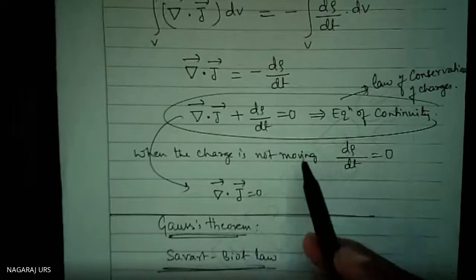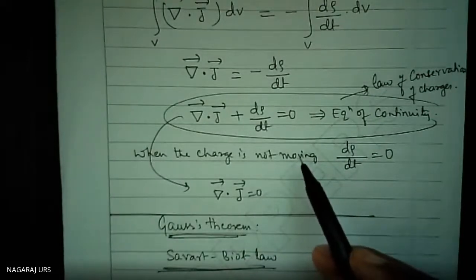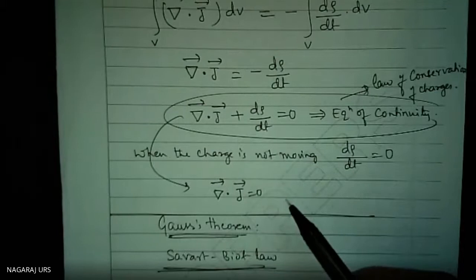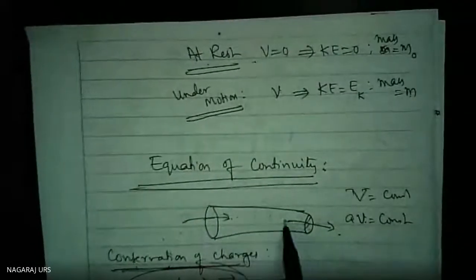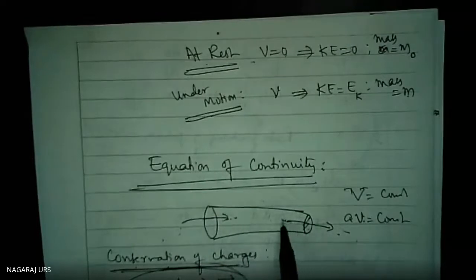Charges are not moving means the charges are said to be at rest, and current flow is equal to 0. If water is not flowing in a pipeline, then I cannot say how much volume of water goes inside and volume of water goes outside; it is meaningless.